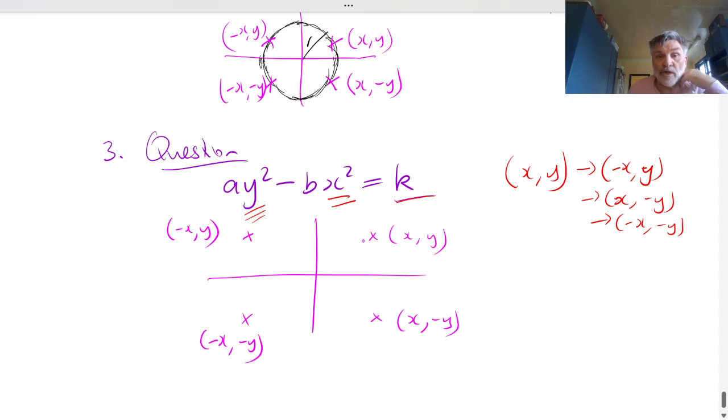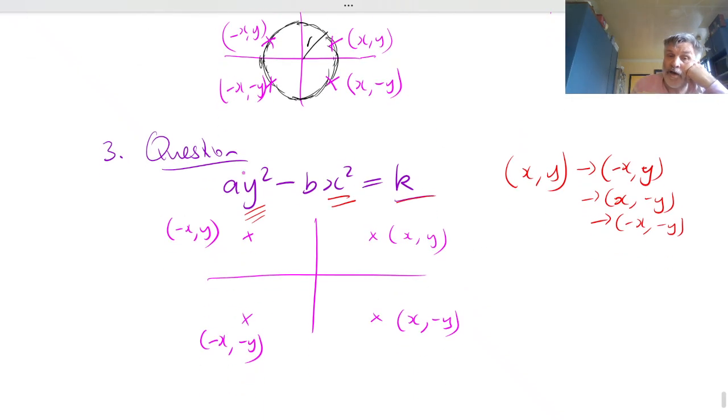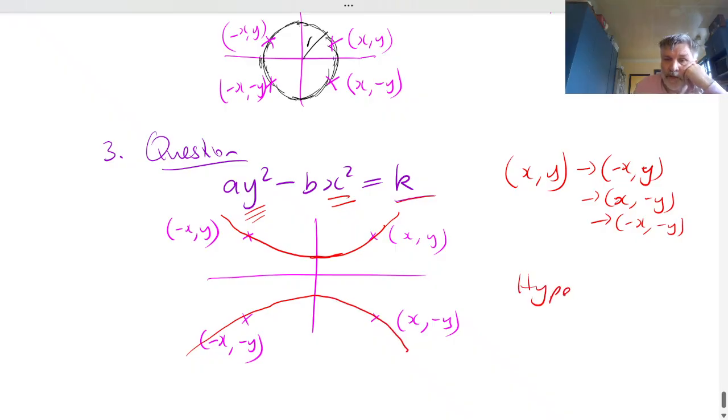So we've got these 4 points, which is exactly the same as we've got on the circle. We don't know how they connect together. It turns out, as we saw partly before, that the curves this time take this sort of form, and they're actually a familiar curve to you, although you would have seen it mostly in a different context. They're hyperbolas.